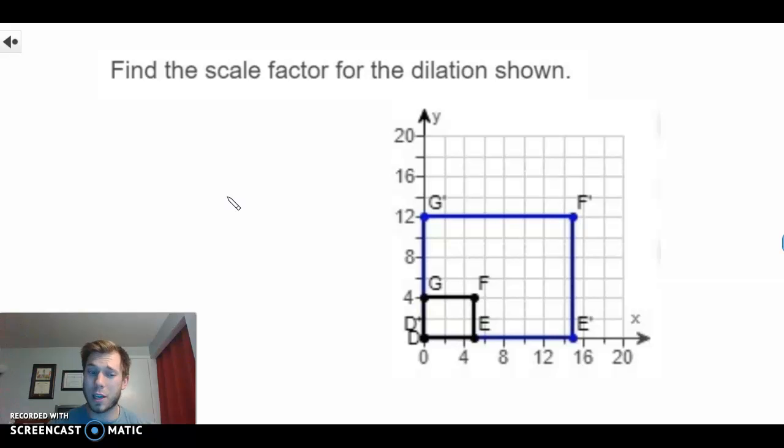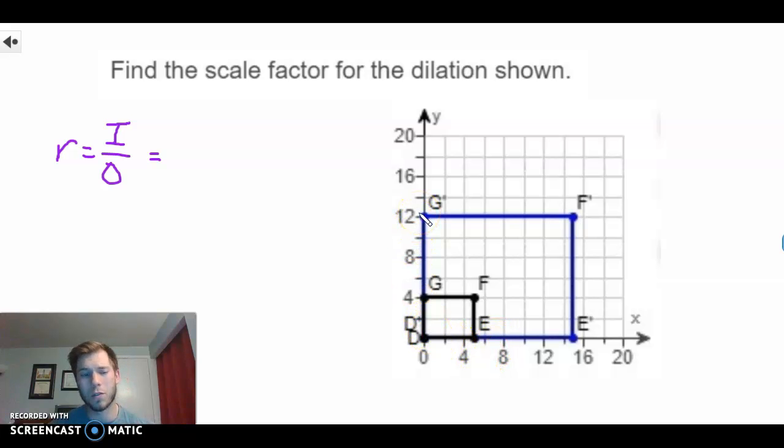Alright, so to figure out the scale factor, recall you need to have that ratio of the image over the original. I'm going to make it R equals, because R is scale factor. So we need a length from the image and a length from the original. I'm going to use the length from D prime to G prime.